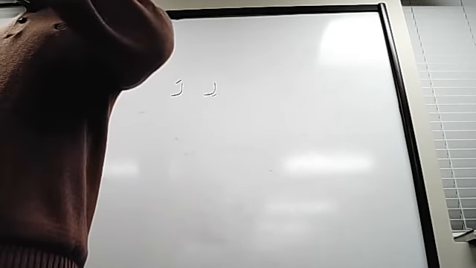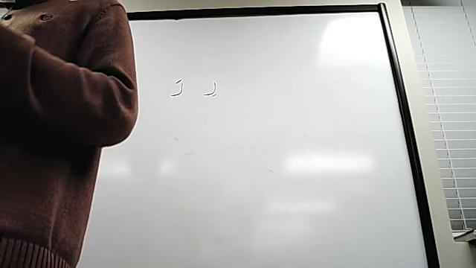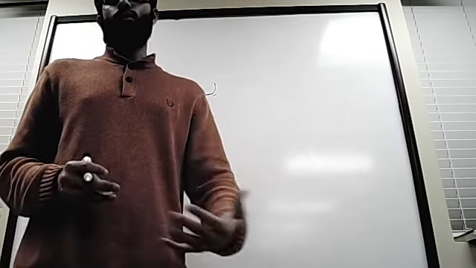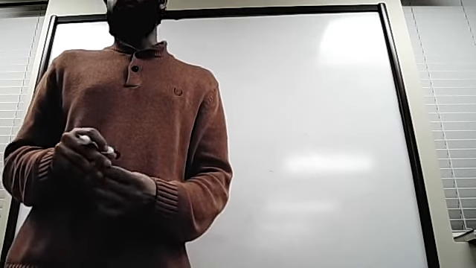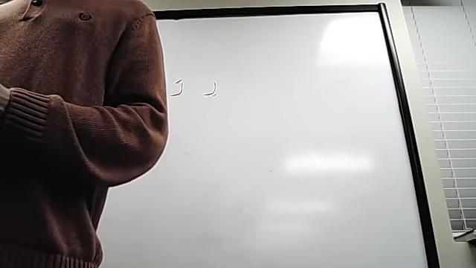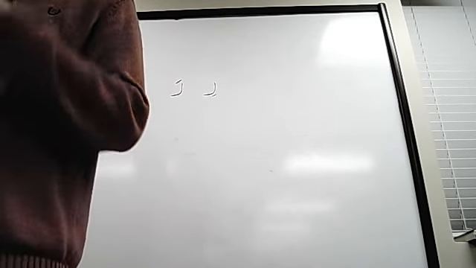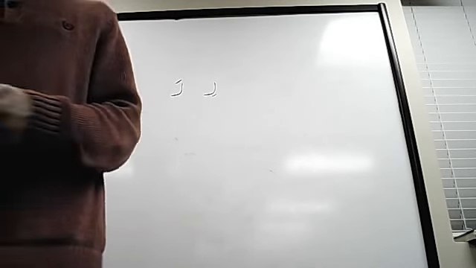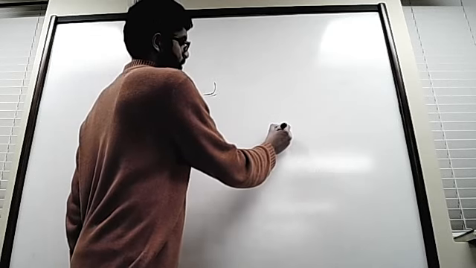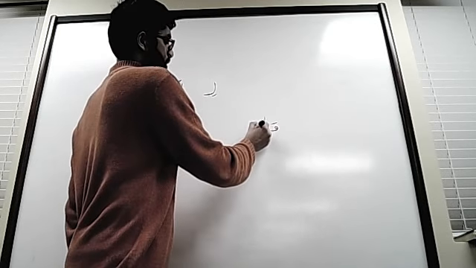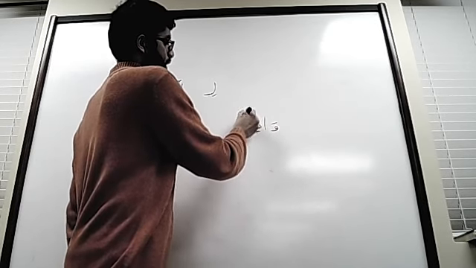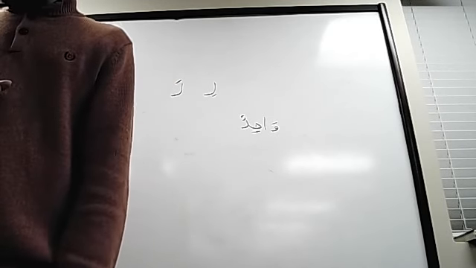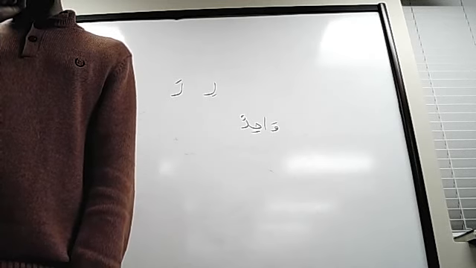If واحد was not in there, you would still say one brother, but واحد is just added for specificity. We just did dual. We're going to learn the numbers in the next lesson, inshallah. واحد is one.